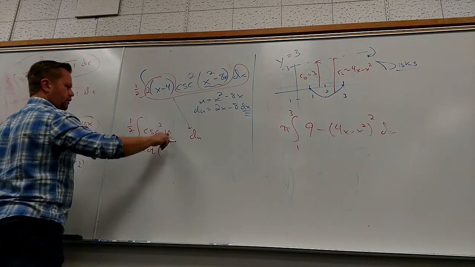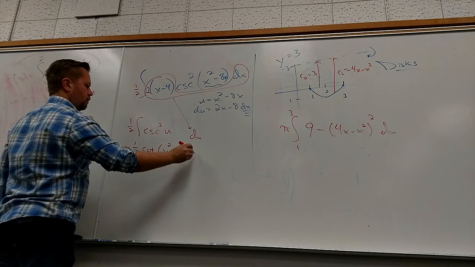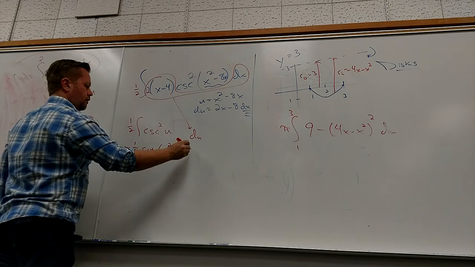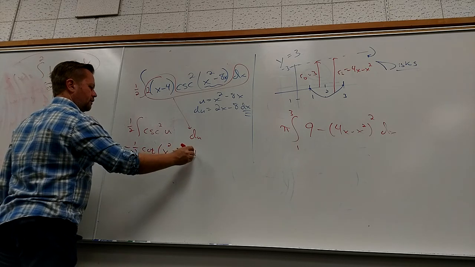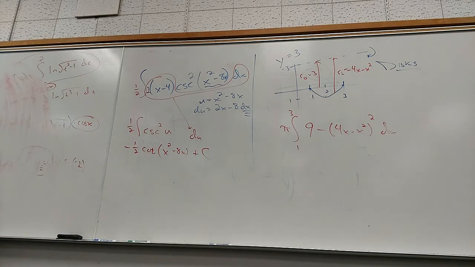Cotangent of u, which was x squared minus 8x. Everybody cool with that? Those basic integrals you gotta know. Secant squared comes from tangent, therefore cosecant squared comes from negative cotangent. Those are negative.